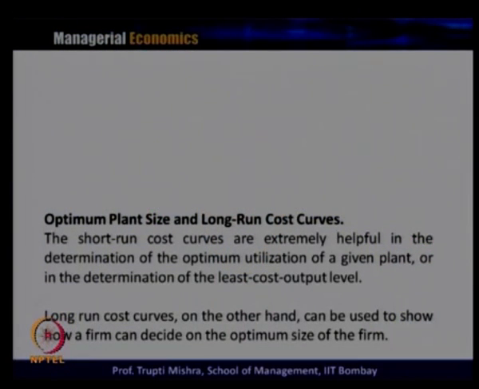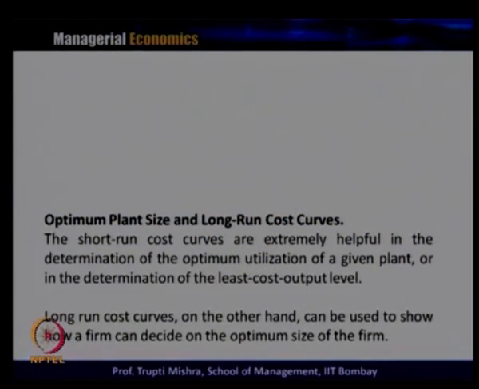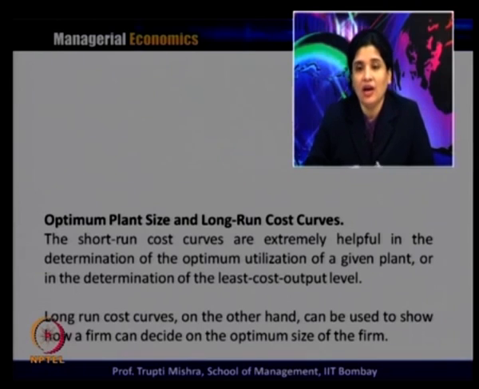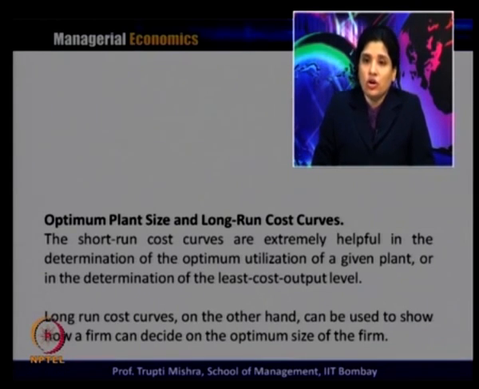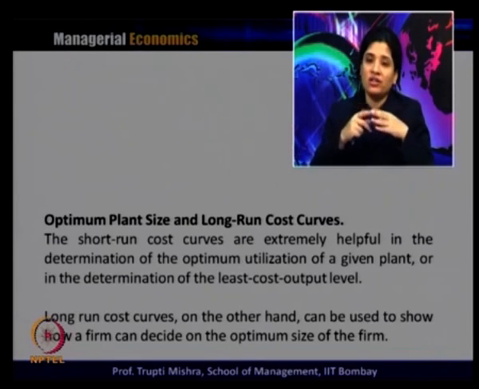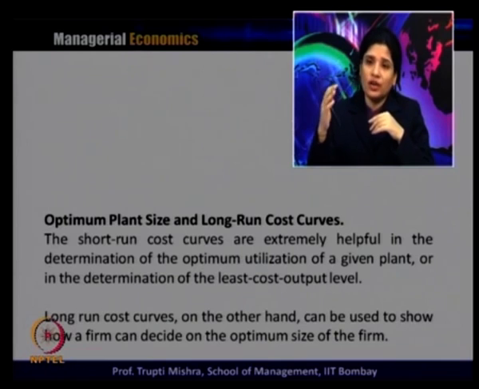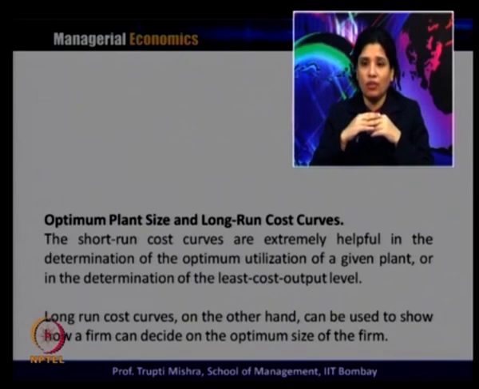Then we will come to the discussion of optimum plant size, how it can be achieved in the case of a long run cost curve. The short run cost curves are helpful in the determination of optimum utilization of a given plant. If the given plant size is 500 units, the short run cost curve will help you in identifying what is the optimum utilization of a given plant, what is the right input mix when there is a fixed input and the output can be changed only by the variable input.